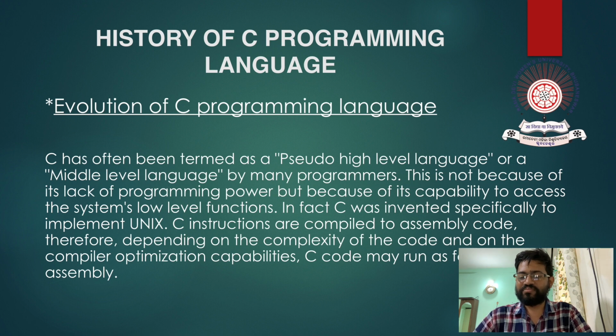An interesting fact is that C was not actually invented as a programming language, but it was invented specifically to implement Unix. But later it became a very famous programming language, and it is used for coding purposes and is also the basis for many other high level programming languages like C++. So C code may run fast or slow depending on the assembly of the computer.